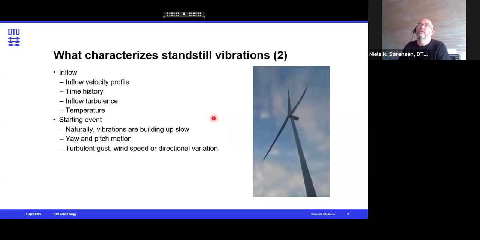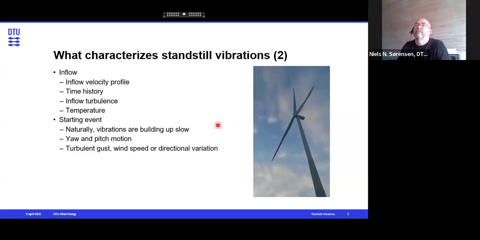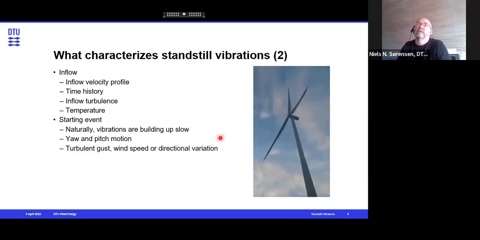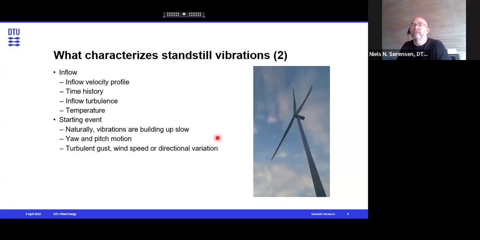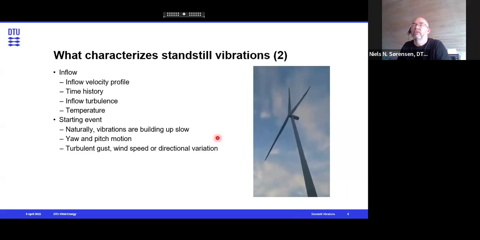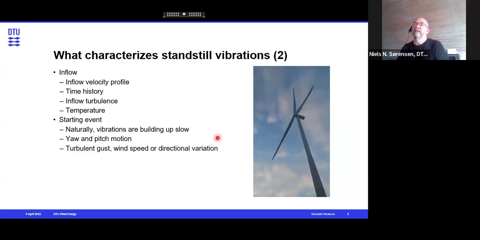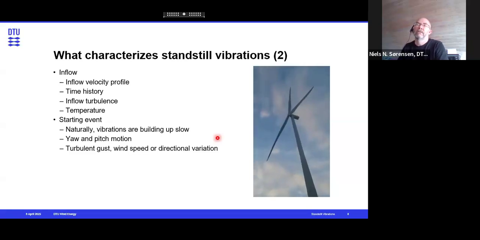So often, to get things going within the window where conditions are favorable for vibrations, you would need an igniting event, for example a yaw repositioning, a pitch motion, a turbulent gust, or some event making the blades have a small vibration that eventually will develop into a critical vibration for the turbine.